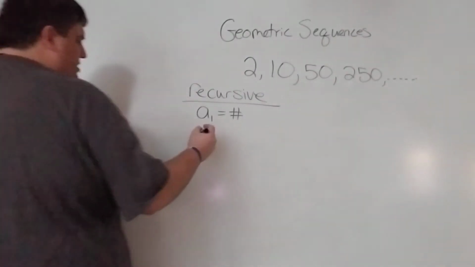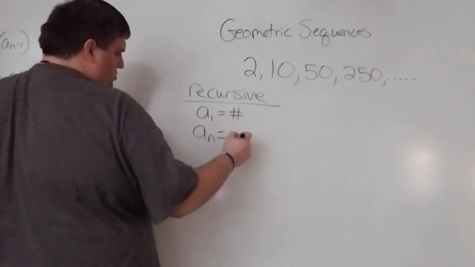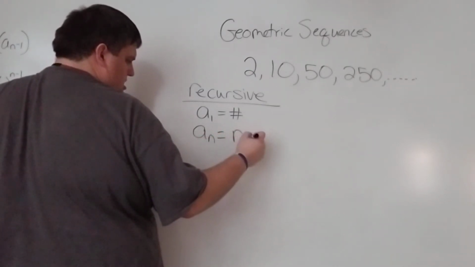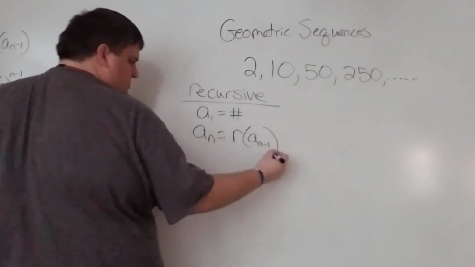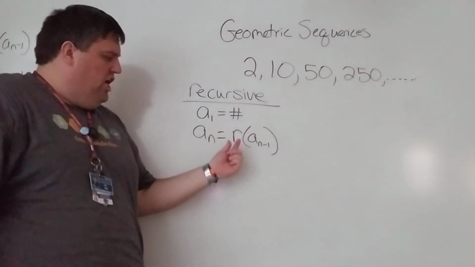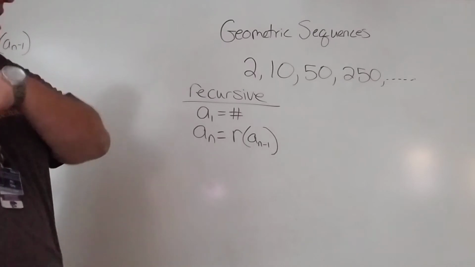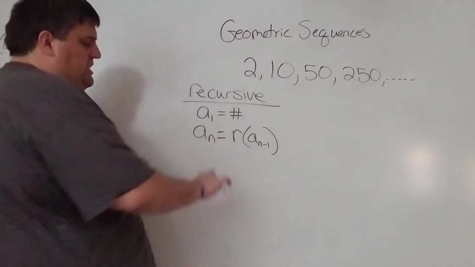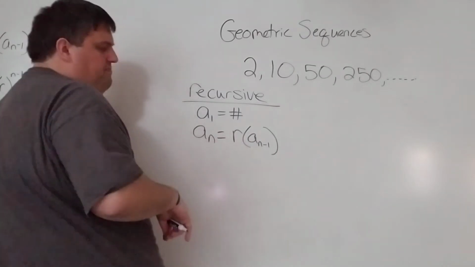And then the recursive part is going to be a sub n equals r times a sub n minus 1. So we need our rate, our common ratio, if you will, what we're changing. And then these are always going to be the same, a sub n and a sub n minus 1.